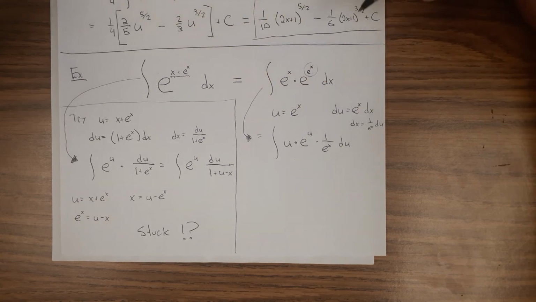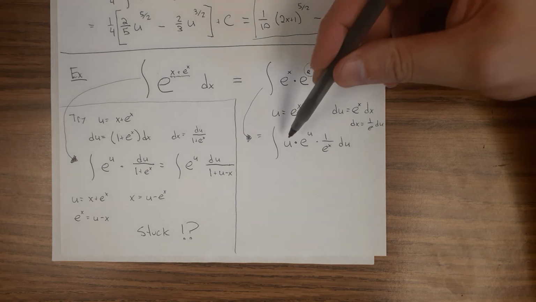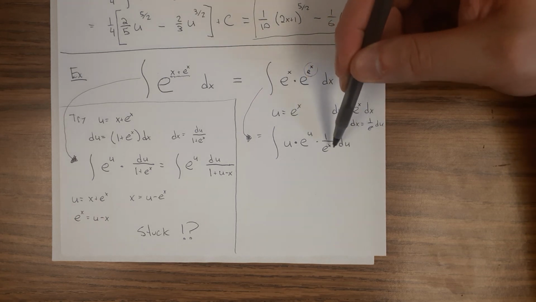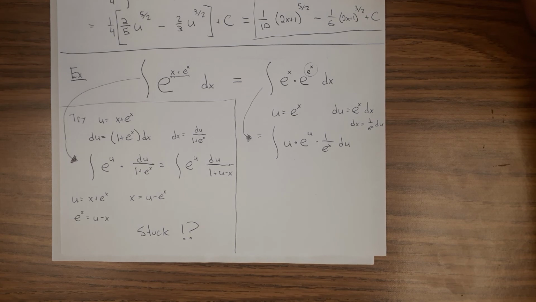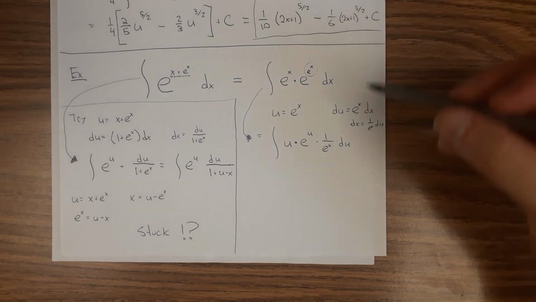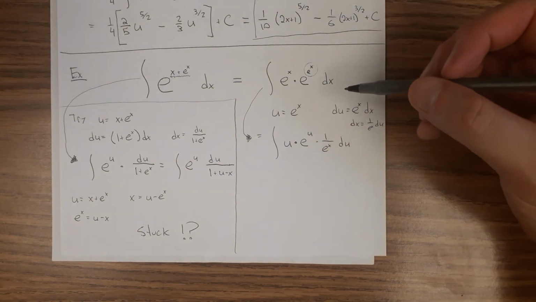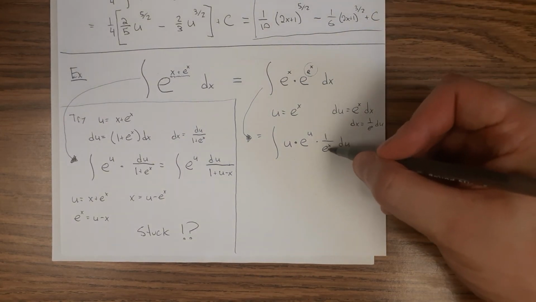I said it was like magic, but I'm still in a little bit of trouble here because I still have both u's and x's. I've got this x down here, and I would like to find something to do with it. But actually, this isn't really that hard. e to the x was u, so I can just write u down here.